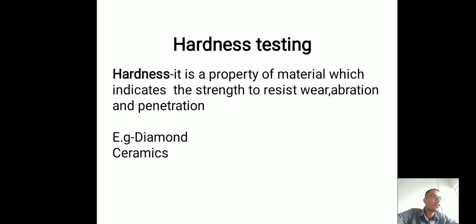It is a property which shows strength against wear, abrasion and penetration. If you take any example of a hard material, it never undergoes wear, or the chances of wear of this hard metal will be very less.